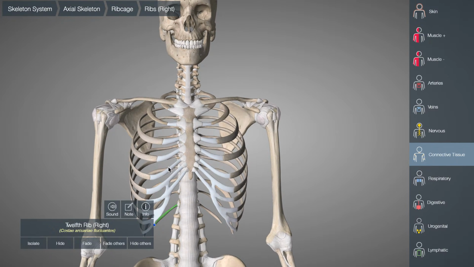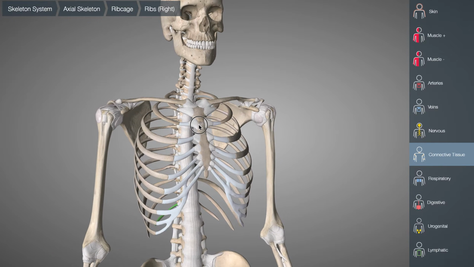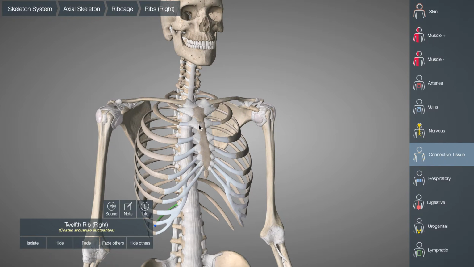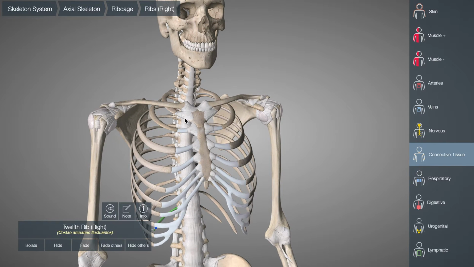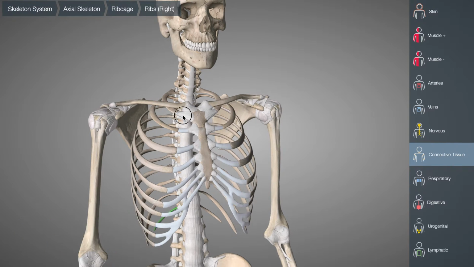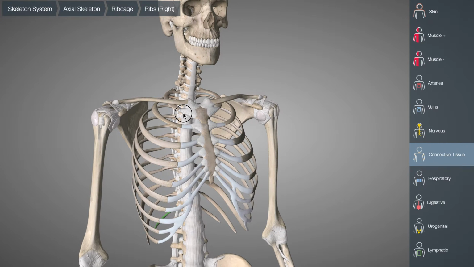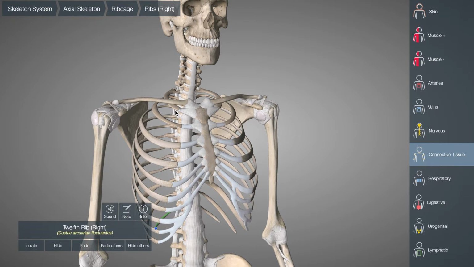But what I also want to show you about the ribs is that you have true ribs and false ribs. With true ribs, you have one connection of cartilage. This is going to be cartilage right over here that connects your rib to the sternum. So if we count which ribs those are, we'll know how many true ribs we have and how many false ribs.